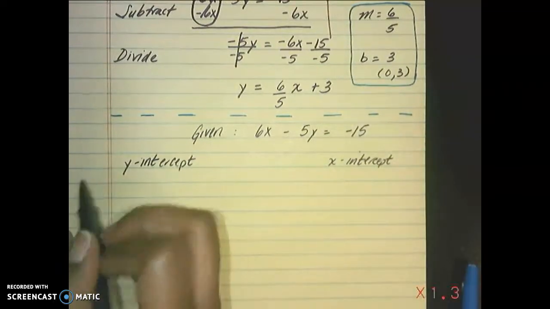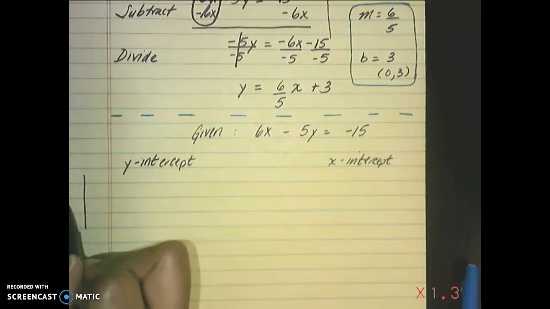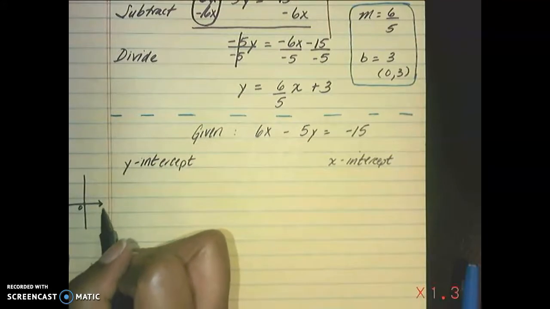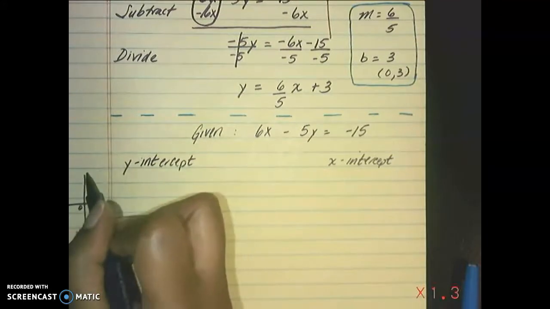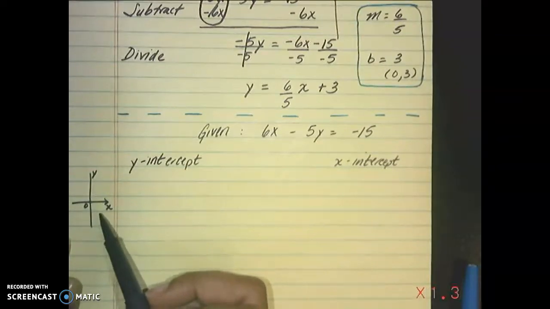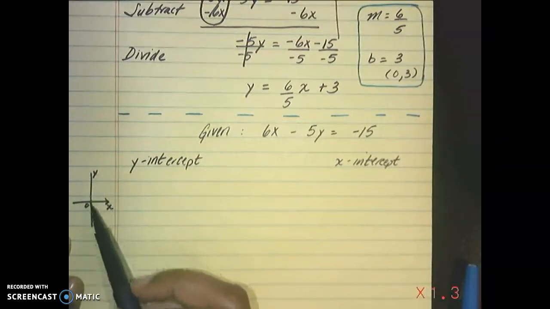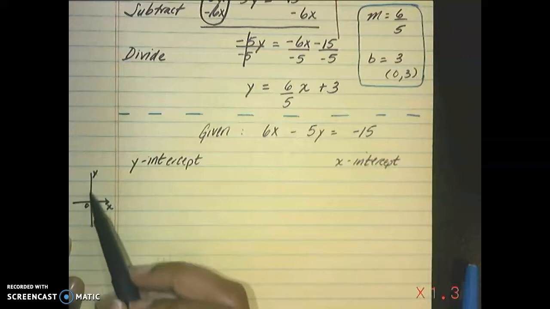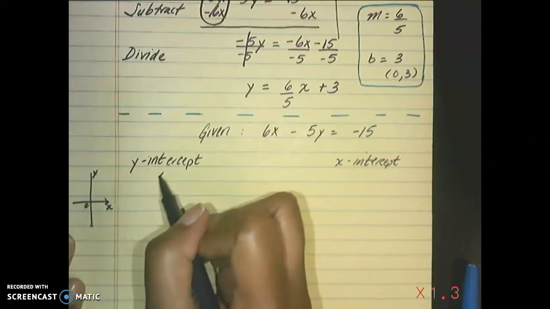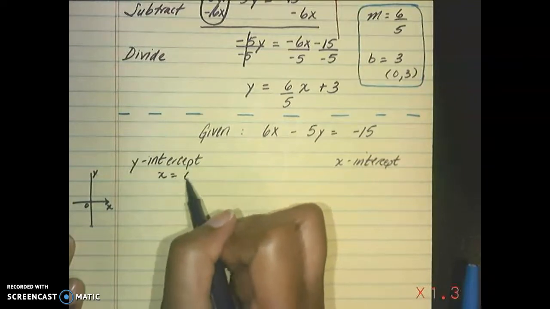Just as a recall moment, at the origin, you have your x-axis here and your y-axis there. If I'm looking for the y-intercept, where the y-axis is disrupted is where x is equal to 0. So to find the y-intercept, we're going to let x be 0.